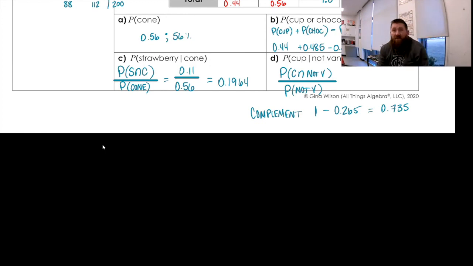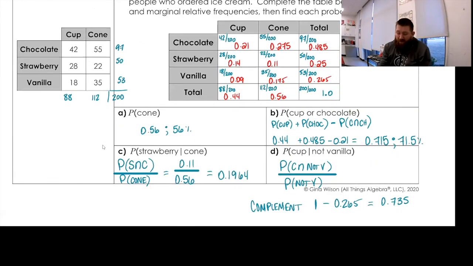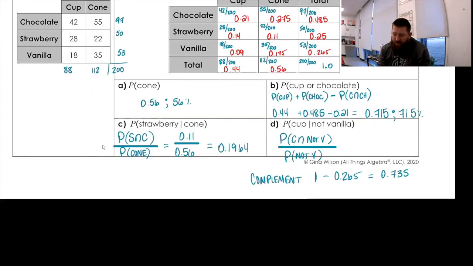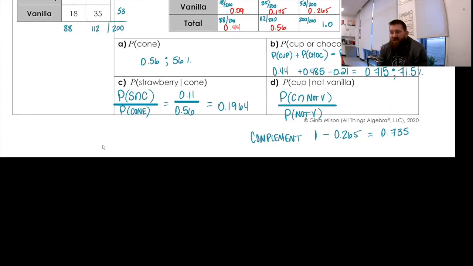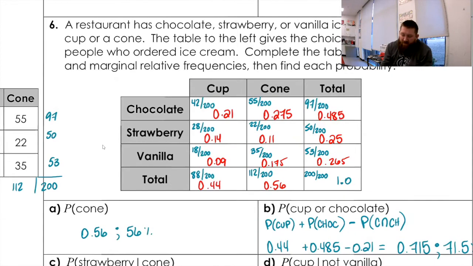Okay, and then how about the probability that they got a cup and it wasn't vanilla? So cup and not vanilla would be strawberry or chocolate, right? So we take that 0.56 and we're going to subtract the vanilla, which gives us 0.35. Sorry, let's rewind a little bit. So we talk about the cup portion, correct?